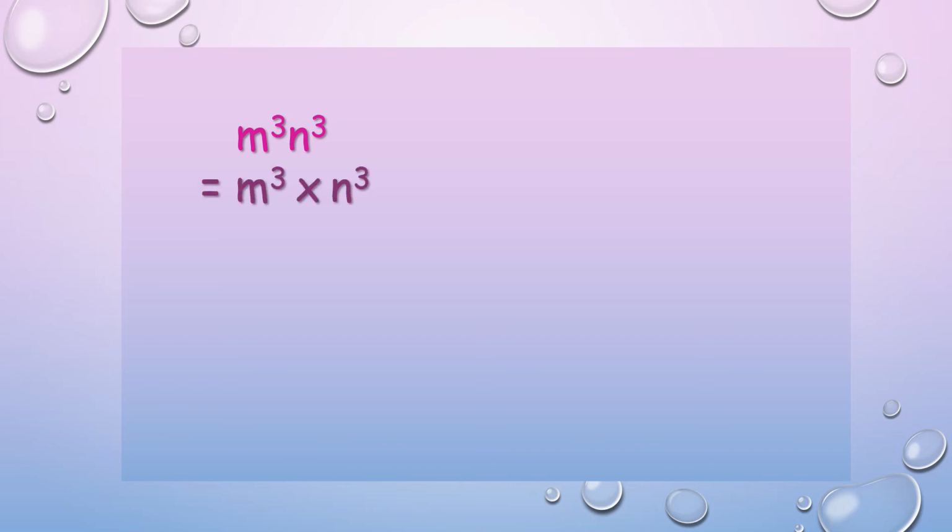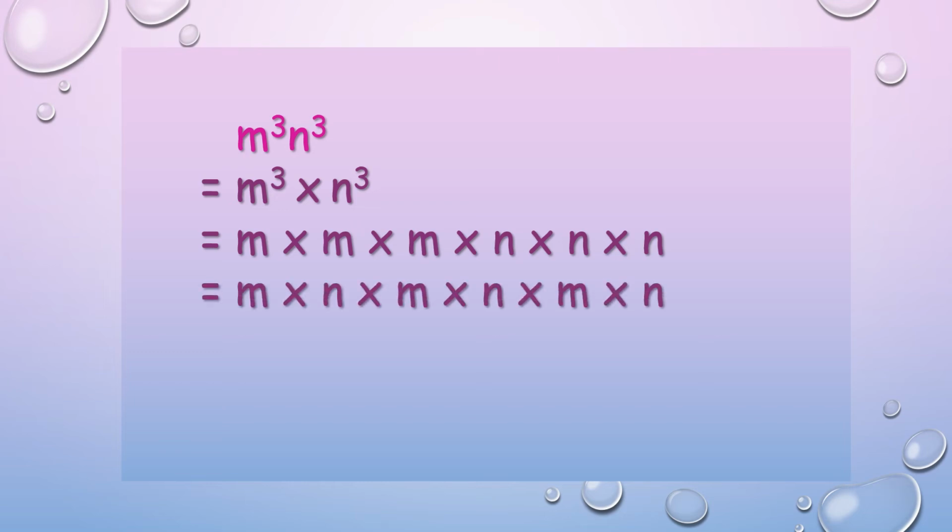Let's expand it. Yes, there is a multiplication sign and we can expand it like this: m times m times m times n times n times n. We can write it like this also: m times n times m times n times m times n. Here this is m times n, here is m times n, and here is also m times n.